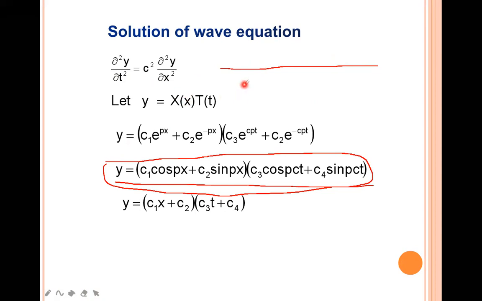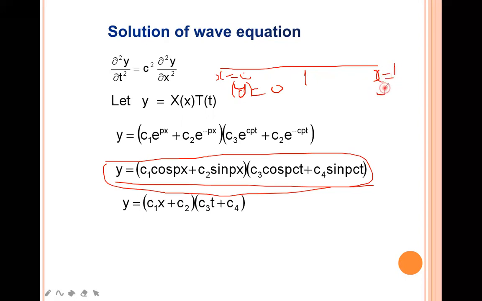Remember the conditions. Suppose L is the length of this wire. At the initial end, that is at x equal to 0, the displacement is always 0, that is y is 0, and at the end point x equal to L, y is 0.